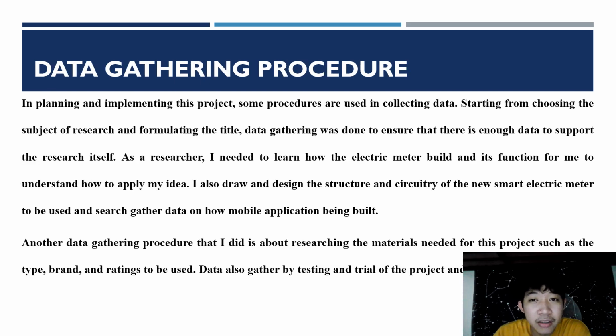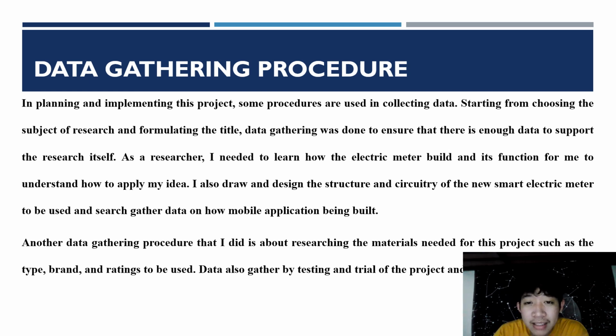For the data gathering procedure, in planning and implementing this project, some procedures are used in collecting data, starting from choosing the subject of research and formulating the title. Data gathering was done to ensure that there is enough data to support the research itself. As a researcher, I needed to learn how the electric meter is built and its function for me to understand how to apply my idea.